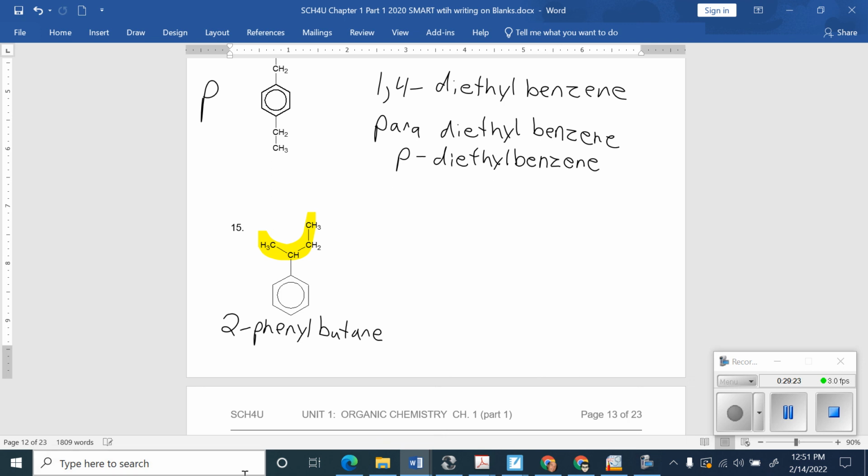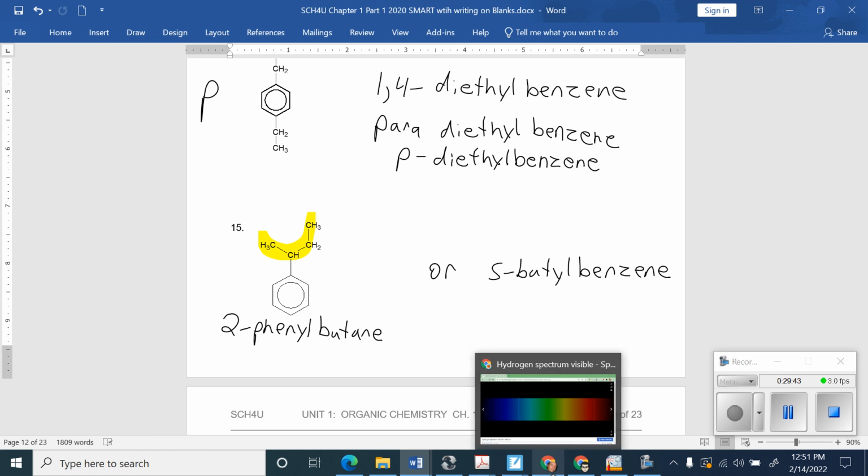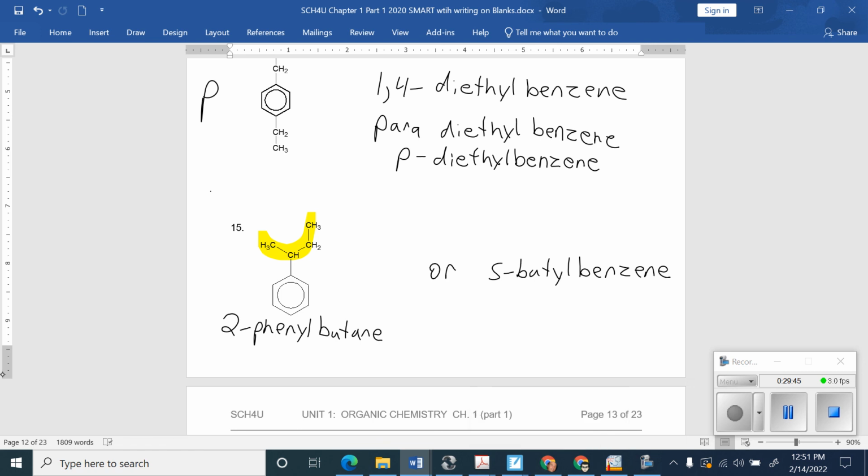Right, so 2-phenylbutane, or s-butylbenzene. Right, so we can look at that either way. We looked at that one already.